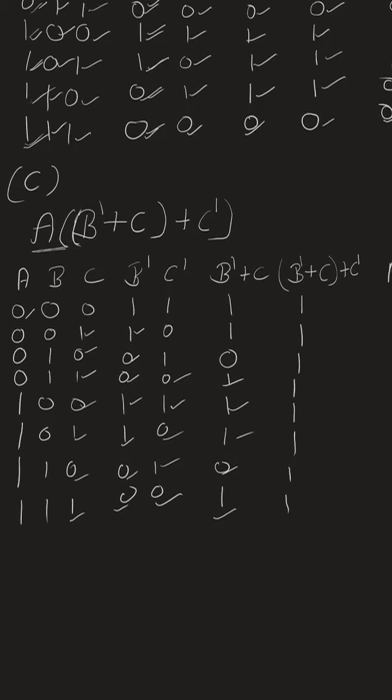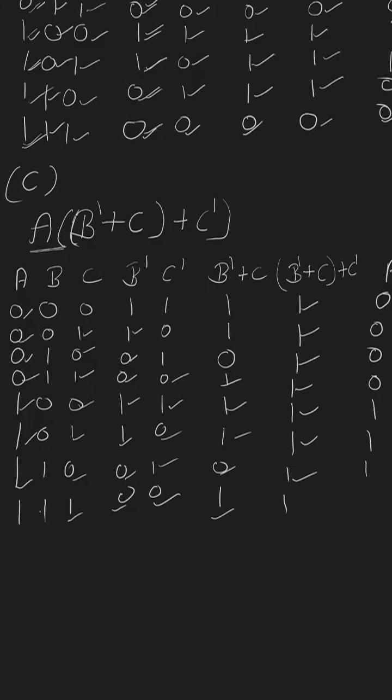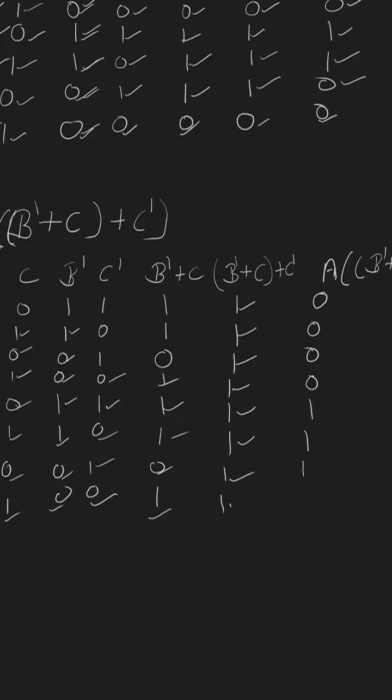So 0 multiply 1 is 0, again 0 multiply 1 is 0, 0 multiply 1 is 0, 0 multiply 1 is 0, and 1 multiply 1 is 1, again 1 multiply 1 is 1, again 1 multiply 1 is 1, and again 1 multiply 1 is 1. Okay, so this is your answer: 0, 0, 0, 0, 1, 1, 1, 1.